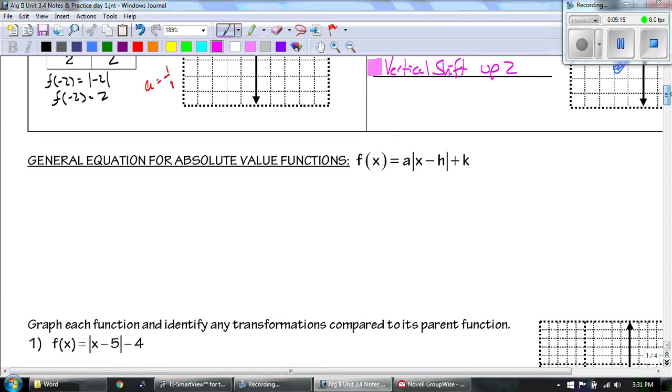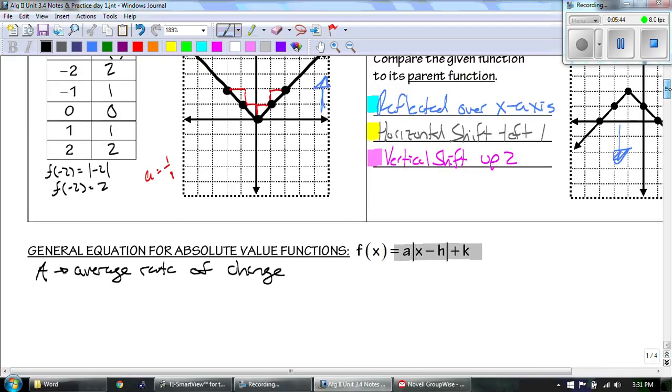Okay, so some general information. This is our basic function that we see: a times the absolute value of x minus h, plus k. So the first thing to know is the a. What that a is, is the average rate of change.